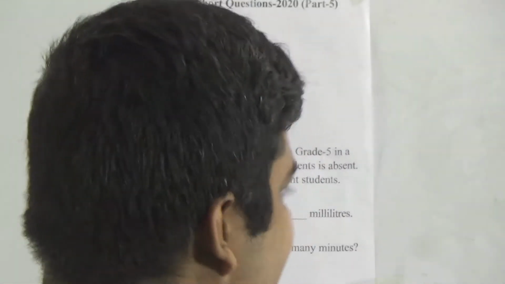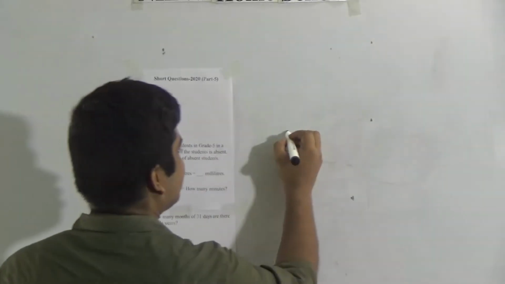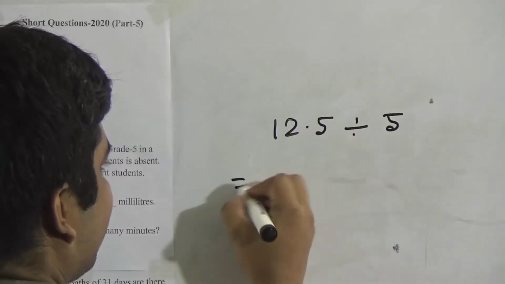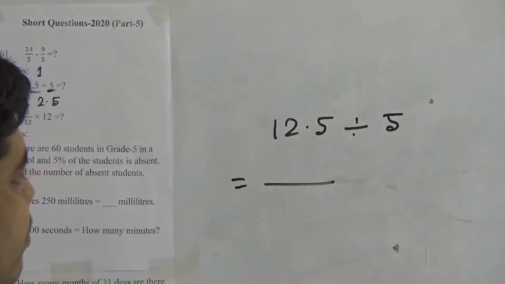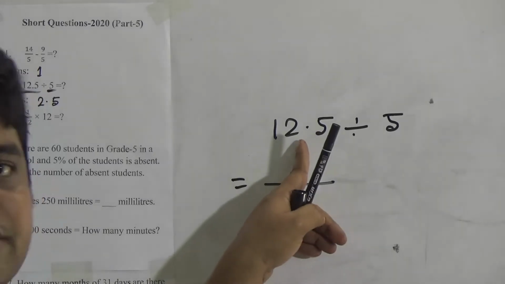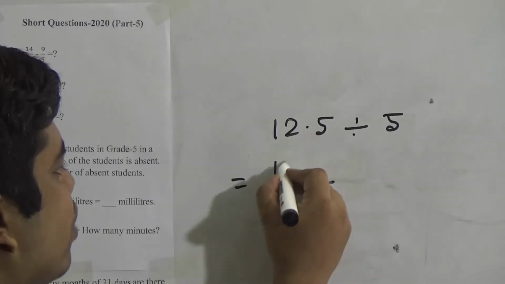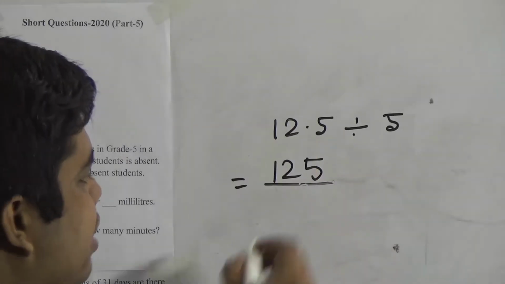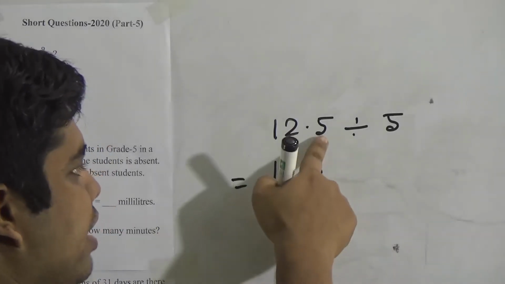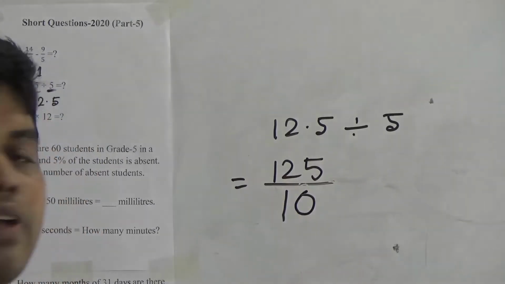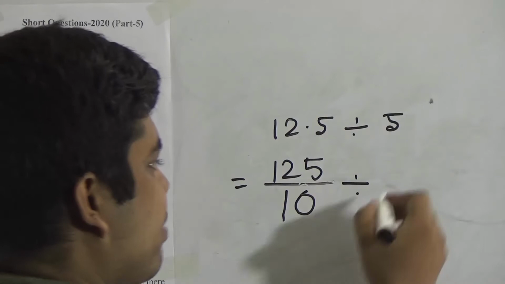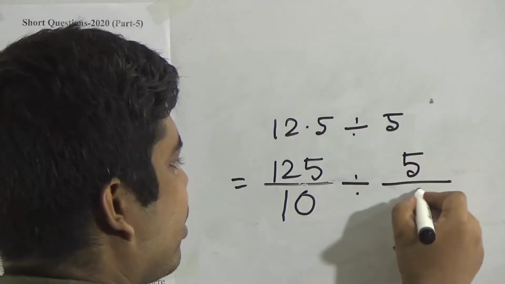Notice here 12.5 divided by 5. Dear student, at first we convert this number as fraction. So at first I write the number without point. For this point I give here 1 and after point there is 1 digit. For this reason I give here 0 and the division sign is here. We know that every number has a denominator which is 1.